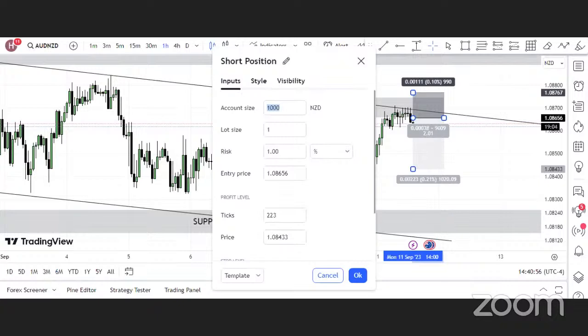All right. So now let's set our take profit and stop loss. Guys, let's set our take profit and stop loss. All right. So for our take profit, enter 1.08433.